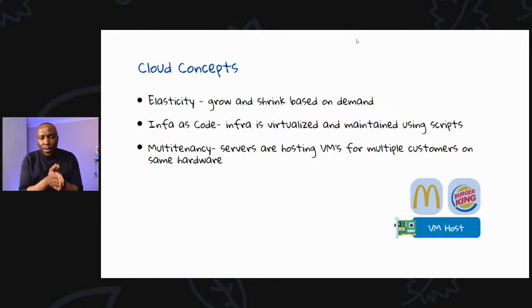So the predominant network has been physical, right? You've got a physical router, you've got a physical switch, you plug in the network cable, and everything else basically functions. But with the advent of virtualization, all these physical devices are being abstracted into virtual devices.